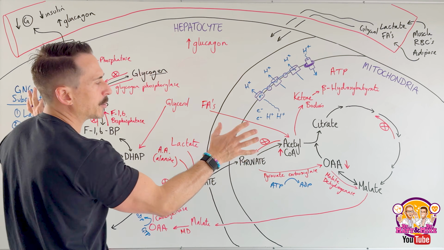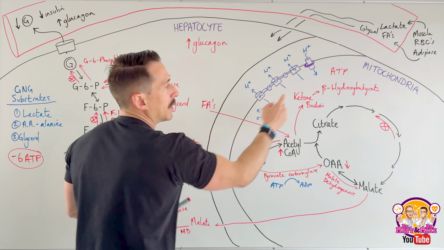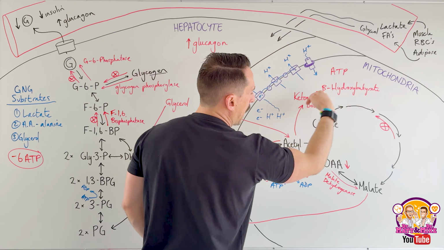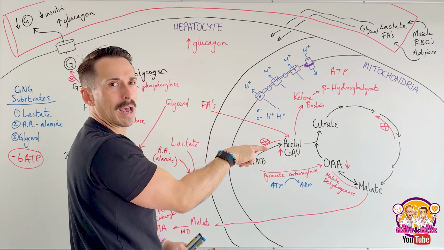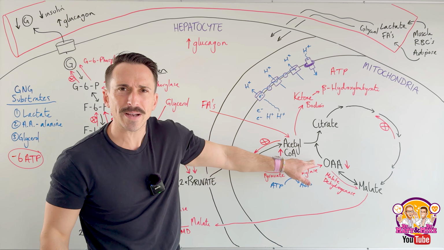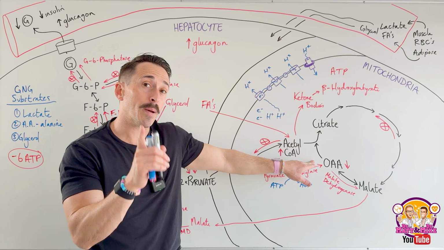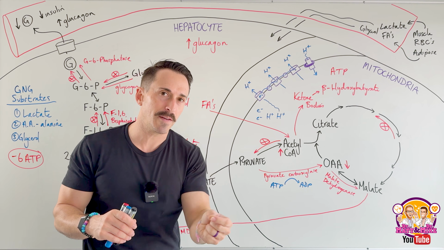Well, if we were to imagine that this was now not a hepatocyte, but a neuron, the beta-hydroxybutyrate turns back into acetyl-CoA and just re-enters the Krebs cycle. But you might go, wait a minute. The whole problem was we didn't have enough oxaloacetate to bind with acetyl-CoA. Remember I said to you earlier, gluconeogenesis is only happening in the liver.